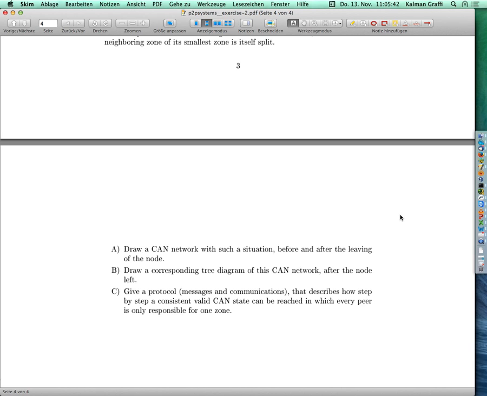Here we made a small mistake, so it would be like this, C and HI, something like this. So there's no C. There are no inner nodes in the tree. So we only have leaves in the tree.